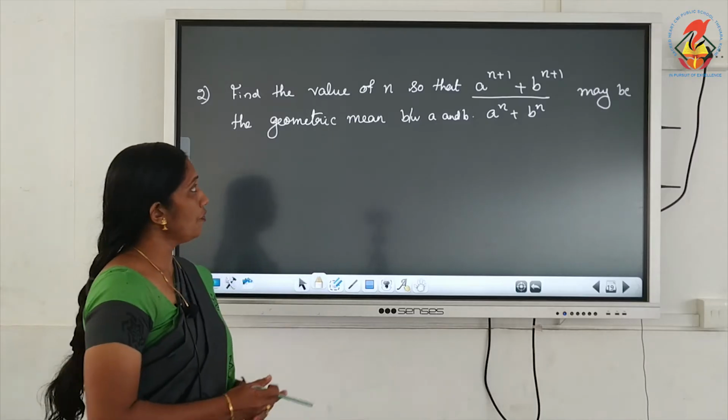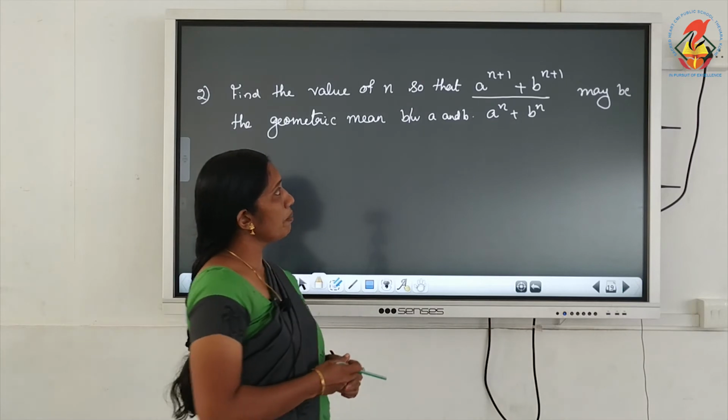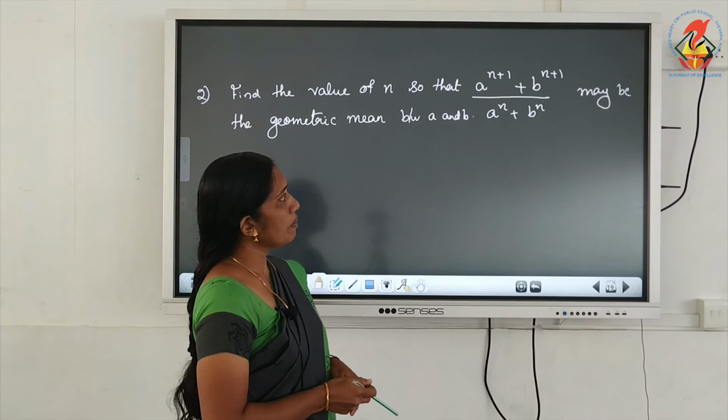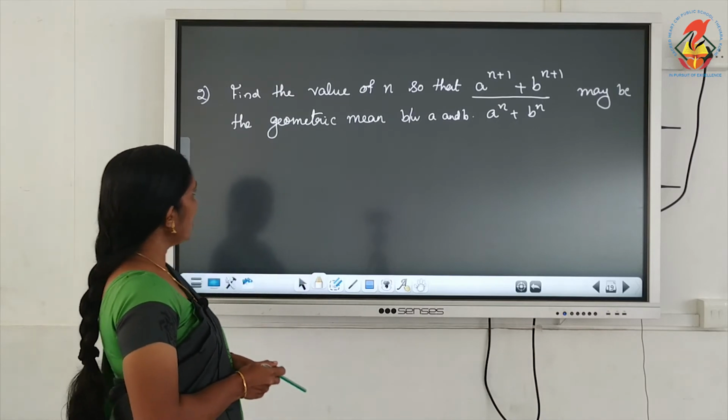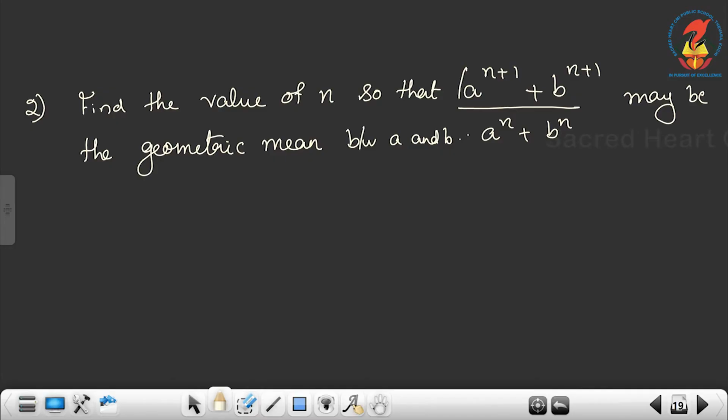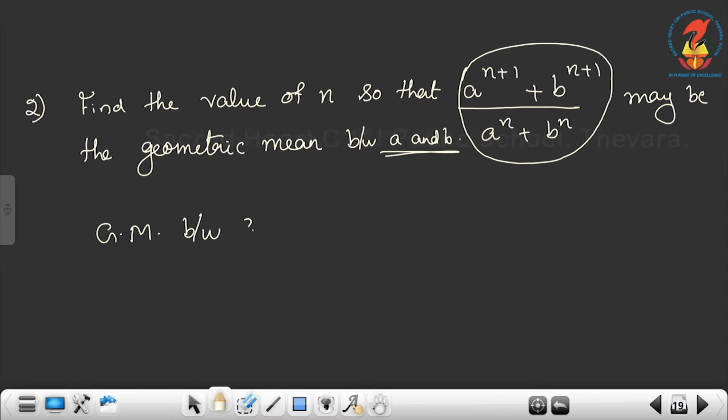Find the value of n so that (a raised to n plus 1 plus b raised to n plus 1) by (a raised to n plus b raised to n) may be the geometric mean between a and b. So given that this one may be the geometric mean between a and b. So geometric mean between a and b, how to write? Is root ab.